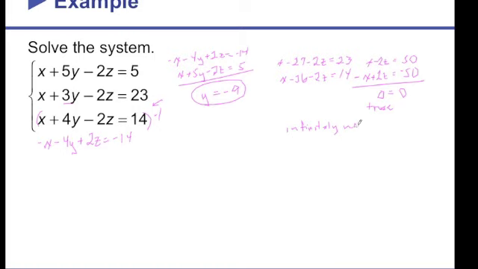Infinitely many solutions. That's what we have. Now I'm going to go with this equation and come down and solve that for x. So x equals 2z plus 50.